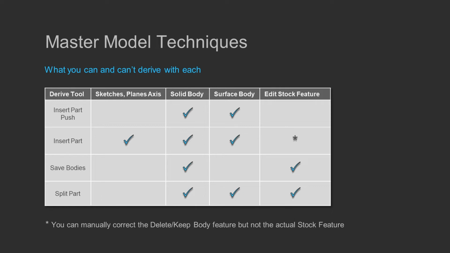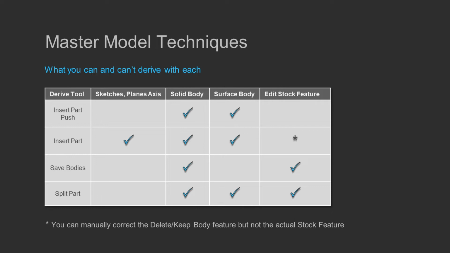This is probably the most versatile method because you can actually bring in sketches and planes and axes as well as the solid or surface body. Save bodies is the most reliable of the four, and the one that I use the most because of that, and because of the ability to re-edit the actual stock feature, which is not easily done with either of the insert part methods.